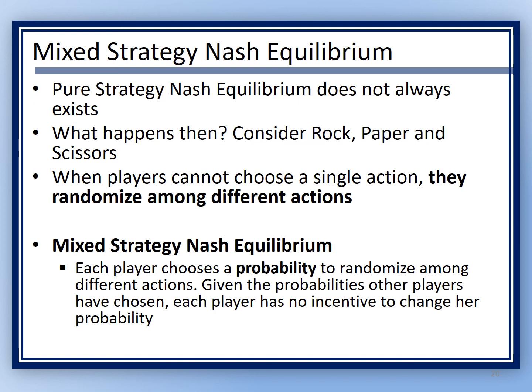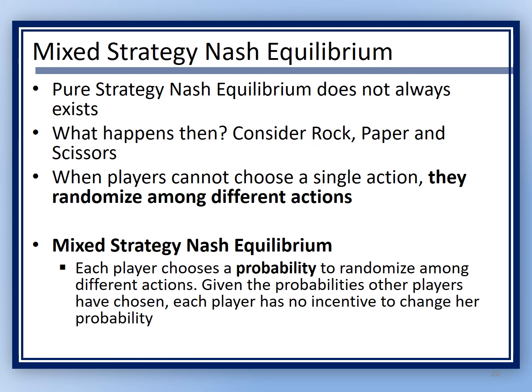So it turns out that while pure strategy Nash equilibria very often do not exist, a mixed strategy Nash equilibrium always exists. That is, there is always a set of probabilities that people would be willing to stick with and not change.